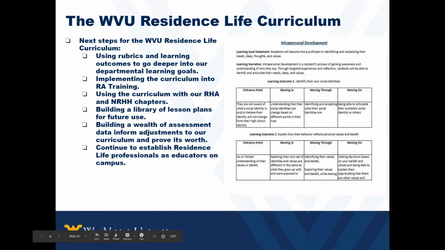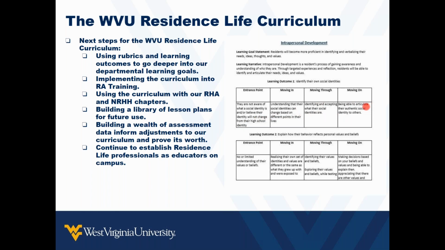So we want to provide some general idea of where students would be at an entrance point when we first get them, like right here, not aware of what a social identity is, unsure of their identity. And, understanding that all students learn differently at different paces, we want to guide them through this process of moving in, moving through, moving on.